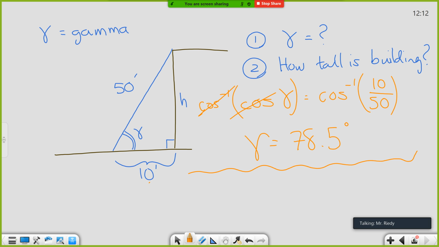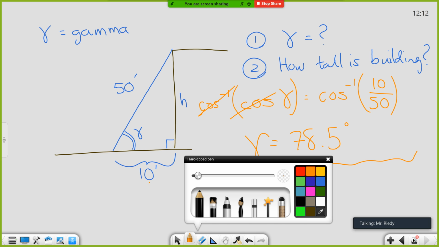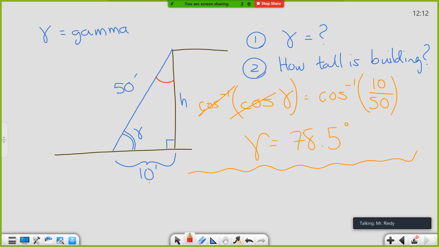For instance, the tangent of gamma is equal to h over 10, or the sine of gamma is equal to h over 50. You've got a couple different options there. If you are feeling crazy, I don't know why you would do this, but you could solve for that other angle, which would be 21.5, and use that angle to do the calculations. You have a couple different ways to solve those problems.